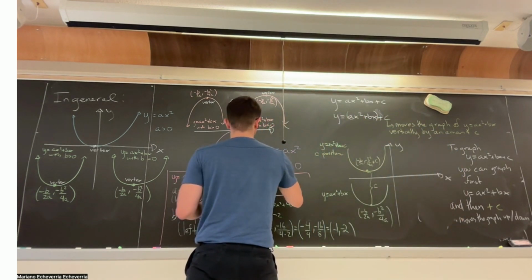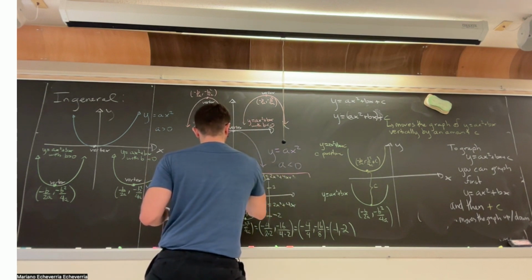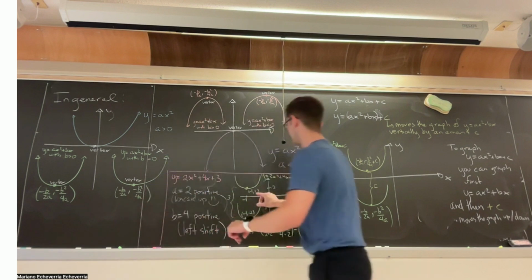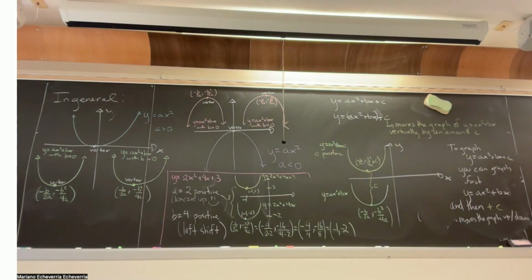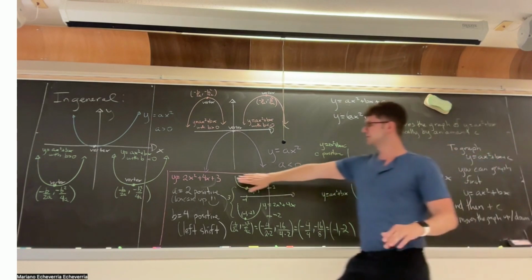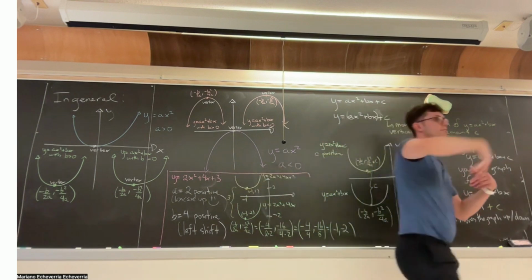I should have made this the same color. The distance between these 2 points is 3, because it's 1 minus negative 2, which is 3. So that is how you would draw it: you ignore this piece for the time being, graph it without that piece, and then you just move it up or down.